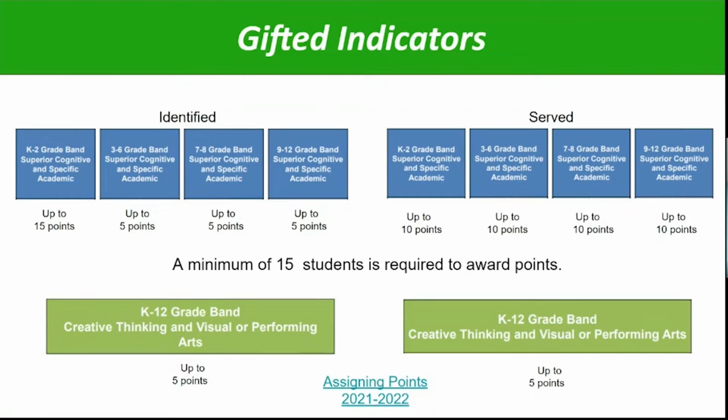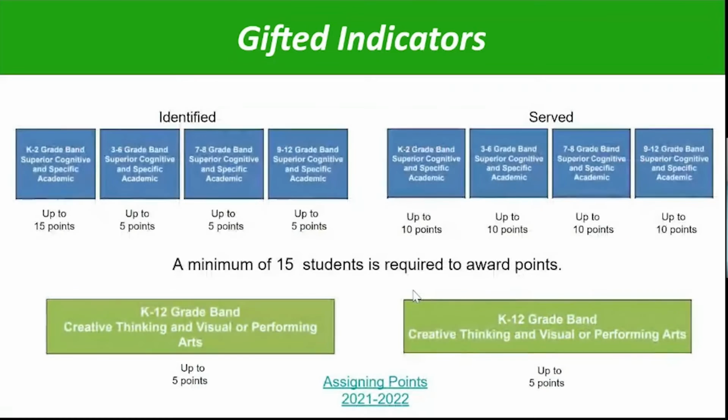So if you don't have enough students served in that K2 group, which is 15 students, then that doesn't count against you anymore. They just leave those 10 points out of the total amount. And I did that in our example as well. So when we look at actual values or numbers here, you'll notice that we didn't get the full points for the identification. And then because we had less than 15 for the service, that one did not count at all.